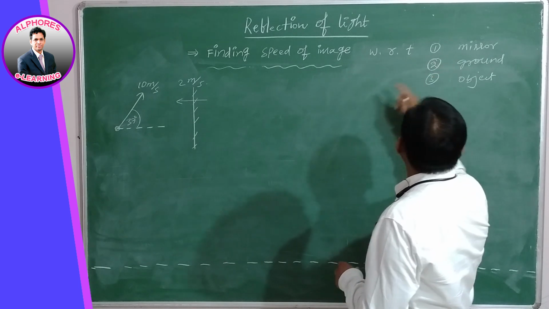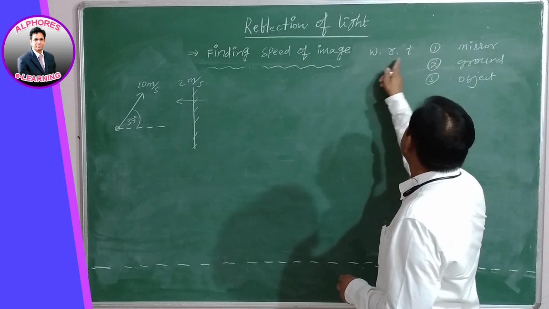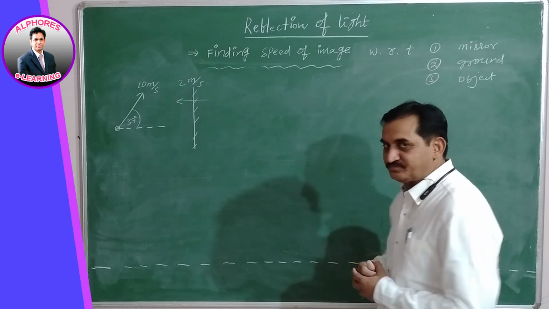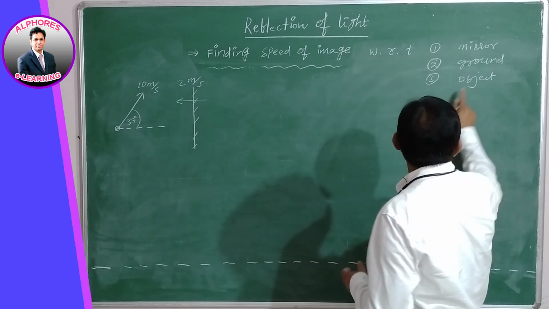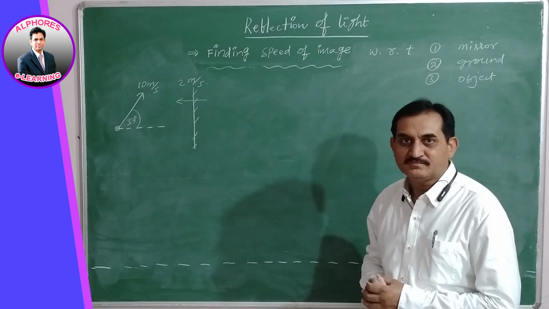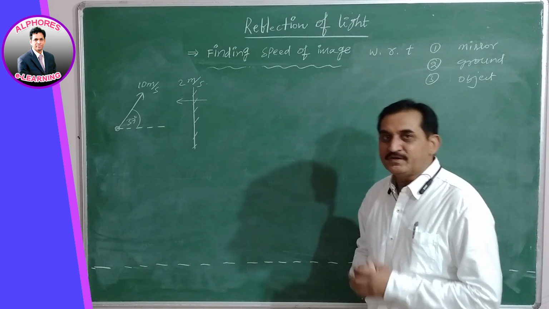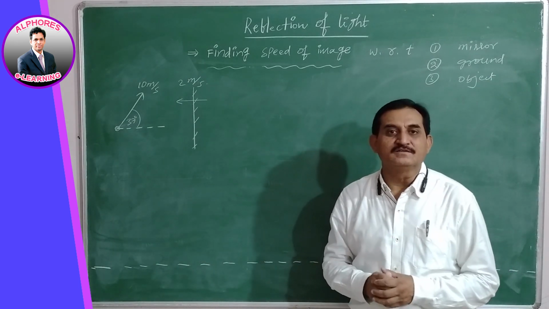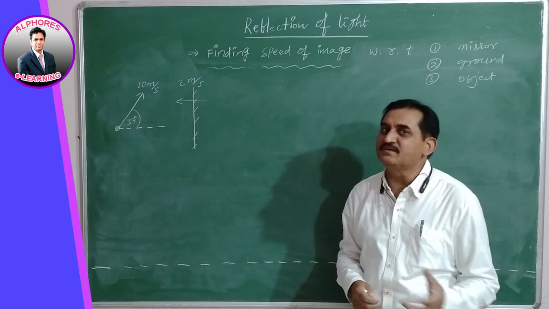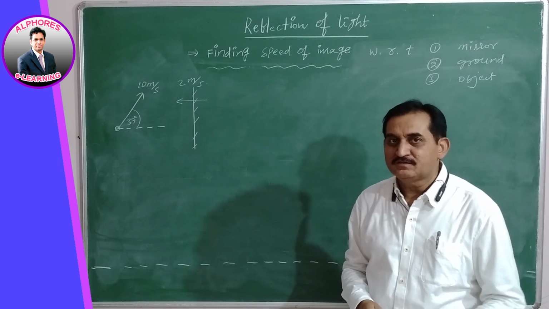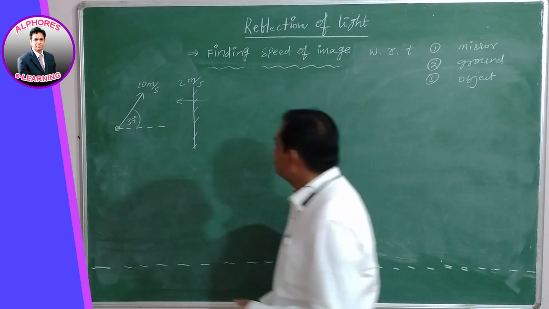Question number 1: speed of image with respect to mirror, with respect to ground, and with respect to object. Again, whatever method we used for the previous problem, we go through the same way. Let us find one by one, right?